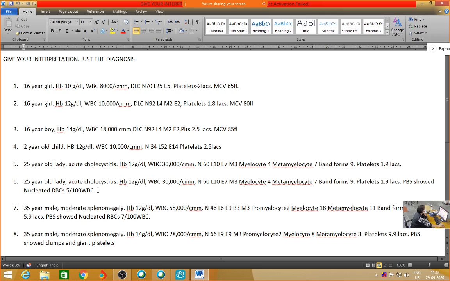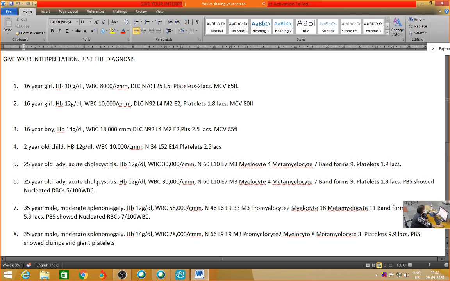Only in pathological cases do nucleated RBCs get pushed into the peripheral blood. Shift to left with leukocytosis is known in infections, but nucleated RBCs usually do not come into the peripheral blood unless there might be something sinister in the bone marrow. So this case will require a bone marrow examination.